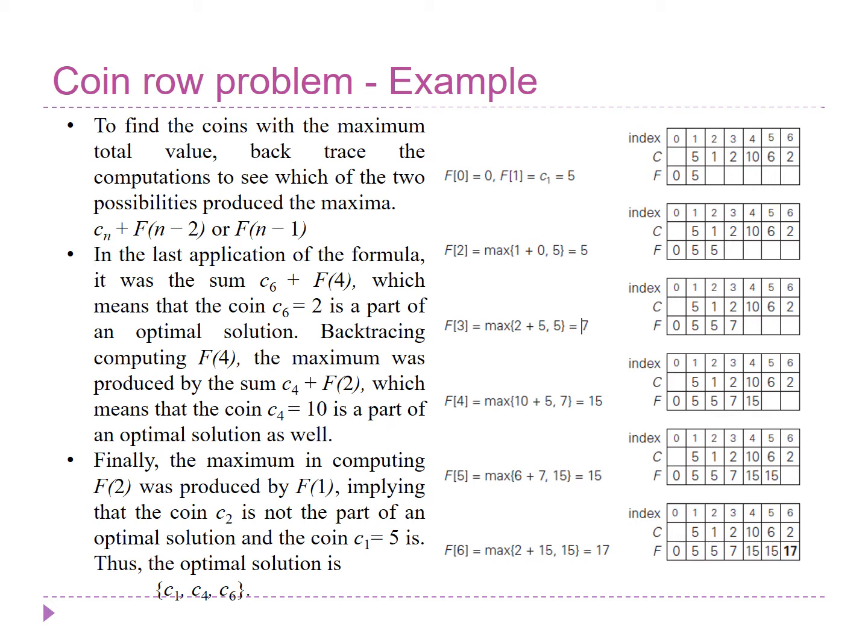Calculating f of 3, which will be equal to max of c of 3 plus f of 1 and f of 2. The maximum is c of 3 plus f of 1, which is 5 plus 2, which equals 7.